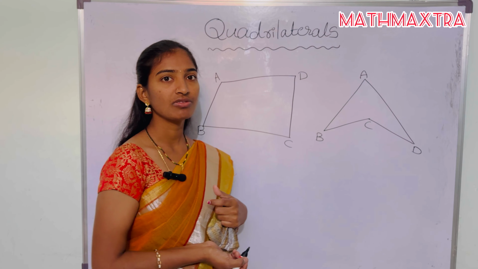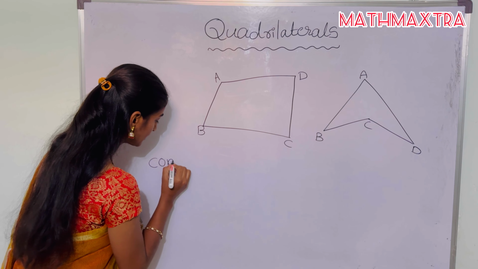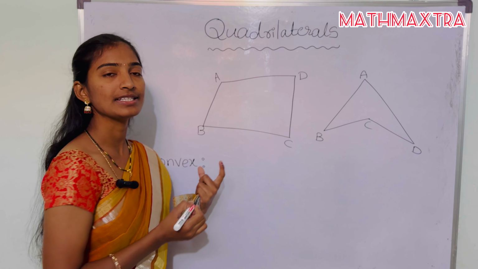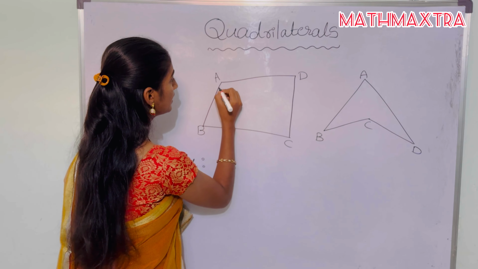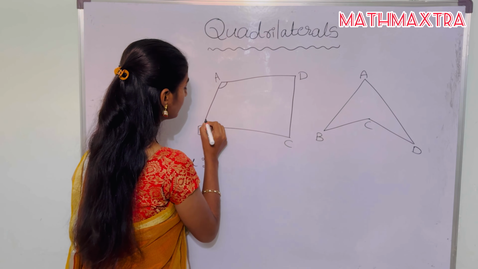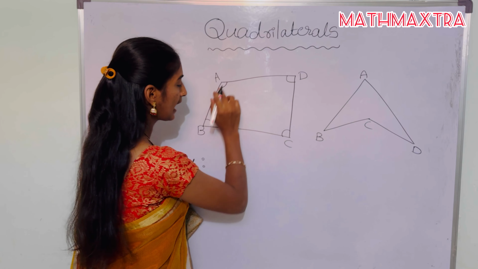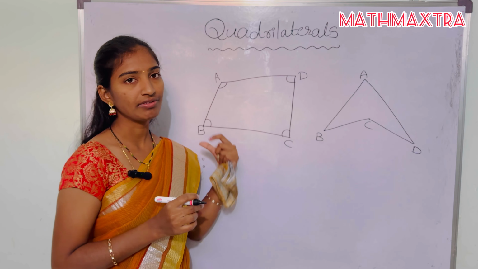What is a convex quadrilateral? A convex quadrilateral is nothing but if each interior angle... See, these are the angles of a quadrilateral, right? Angle A, angle B, angle C, angle D are interior angles of a quadrilateral.